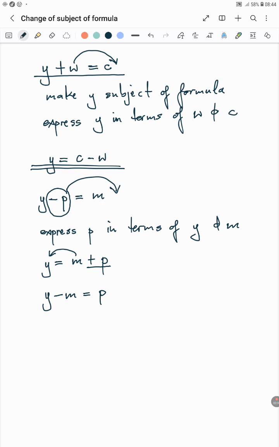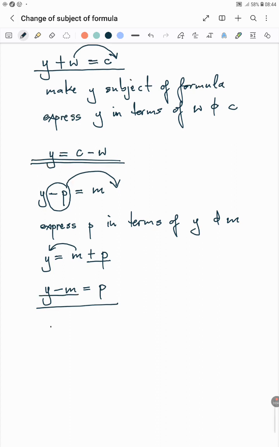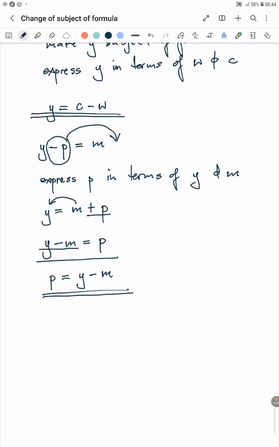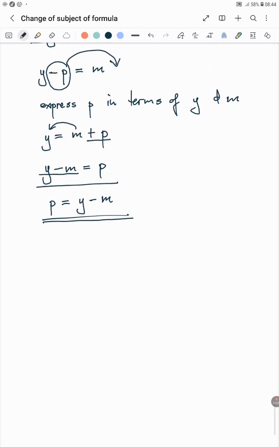And once you get to this stage where p has been expressed in terms of y and m, you can start by writing p, so that you have p is equal to y minus m. So here is your answer after making p the subject of formula.